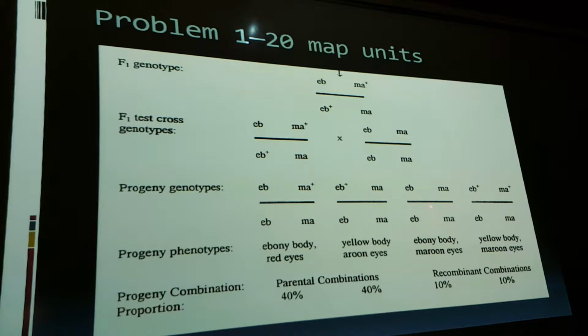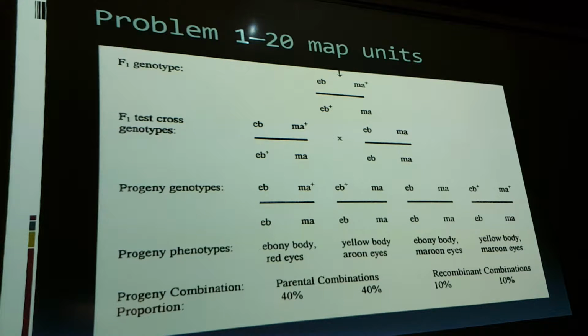How do you figure out what the other two are going to be? You go back to this one and flip the right-hand side. And then do your test cross again. I didn't bring my eraser over here. Blast it. Okay, and so we take, thanks, and redraw our F1.